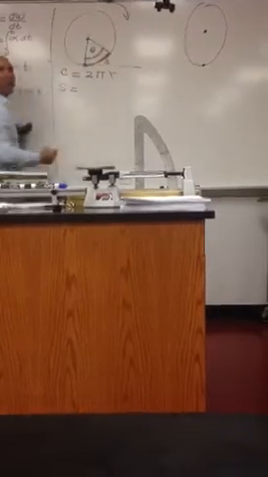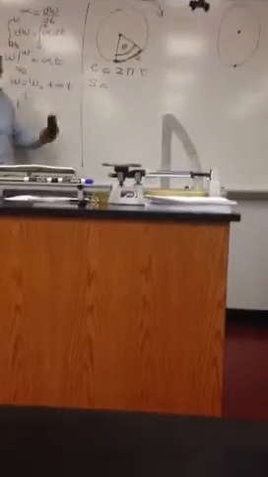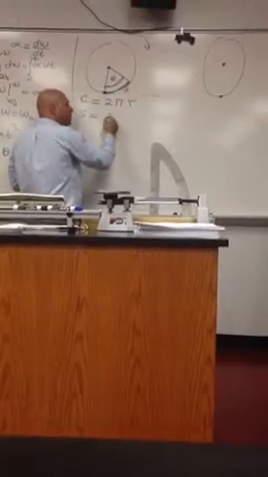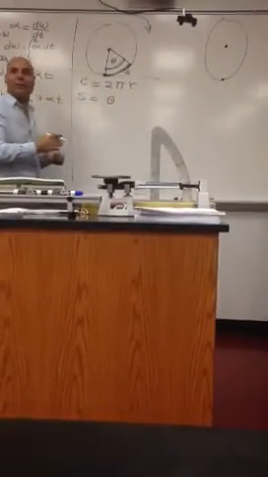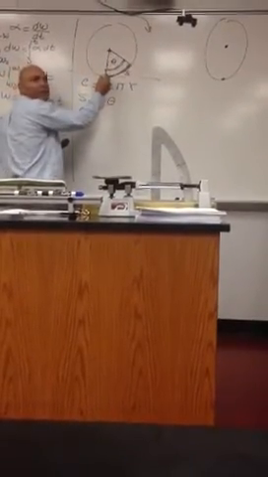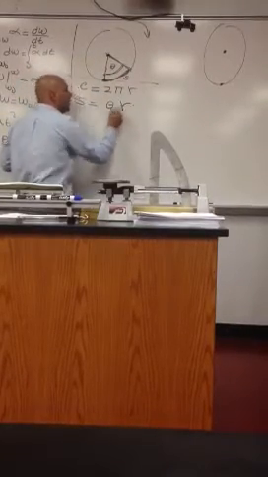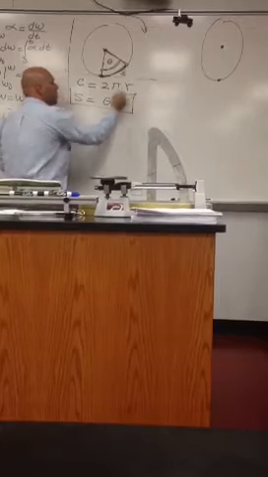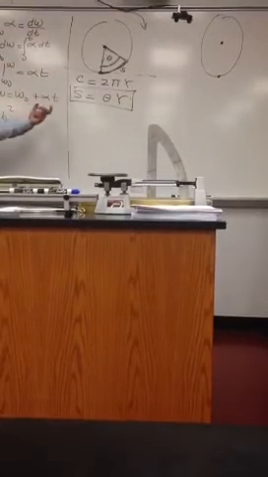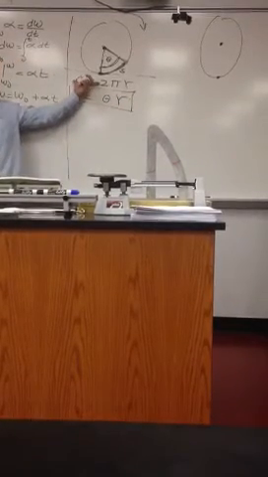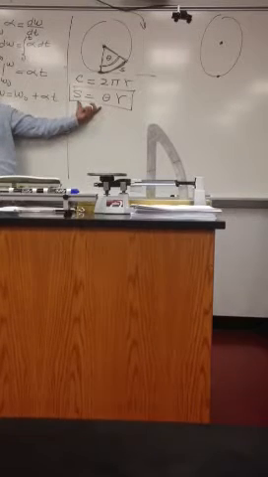Instead of 2 pi, what will I write? Delta theta, or theta, and r is this, and r is this. Is it the same? It is the same. This is my linear equation for distance, or arc length, which the circumference comes out of.